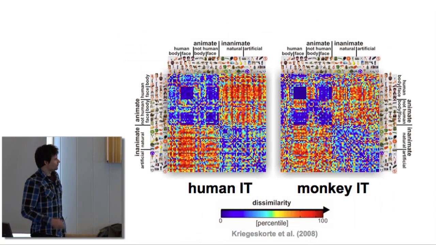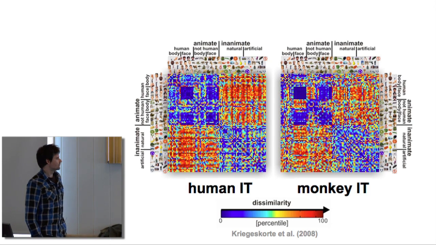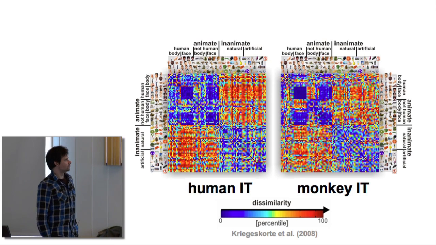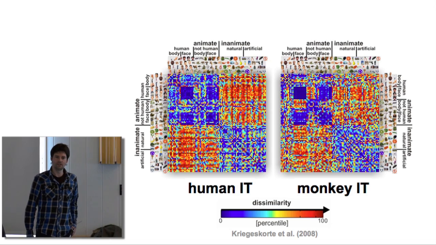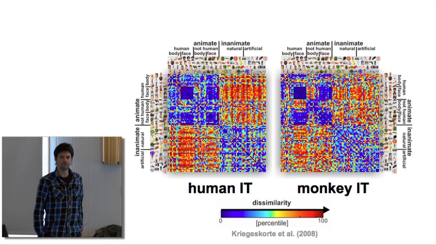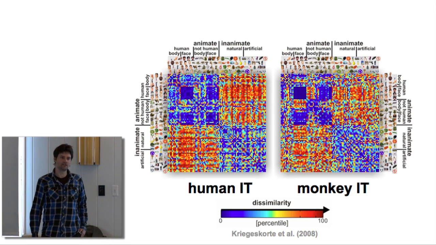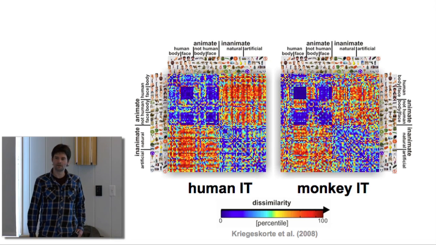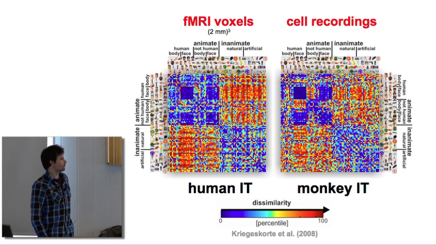So we can also use the signature to compare representations in different species. For example, here's the human IT representation of those images and the representation of the same images in the monkey. And now, because these matrices are indexed by the stimuli, they're very easy to compare, and we're obviating the need for defining the correspondency between the places in the brain in the monkey and the human. And in this case, the monkey IT was measured with cell recordings, actually.